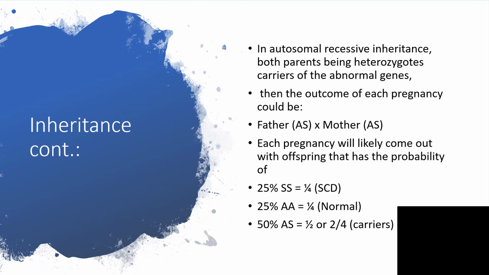But I have personally seen a family where the father is AS, the mother is AS. Actually, they are highly educated, pharmacists, both. There are 3 kids, and all the 3 fell into the first 25% SS, 1/4.